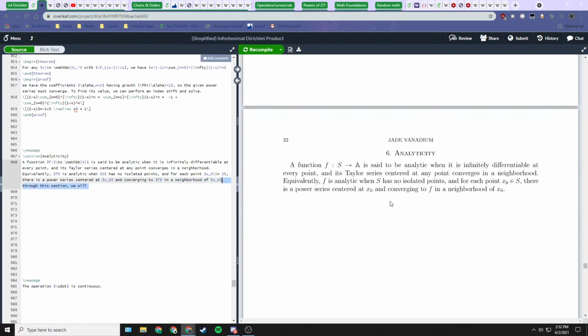Actually, we can start off with a proof right away if we would like, because this proof doesn't require too many things. Okay, so let's do a theorem here.